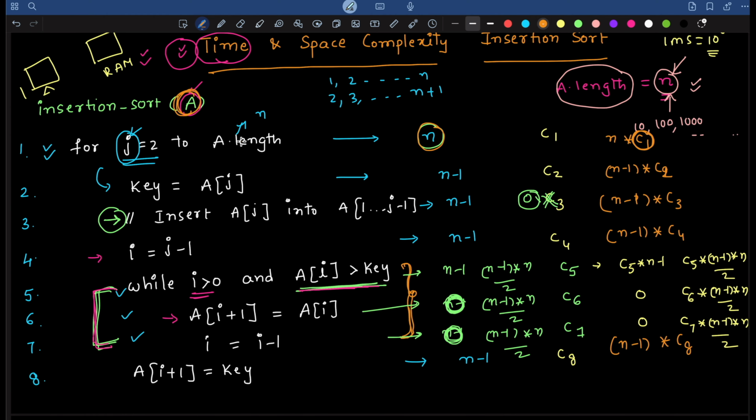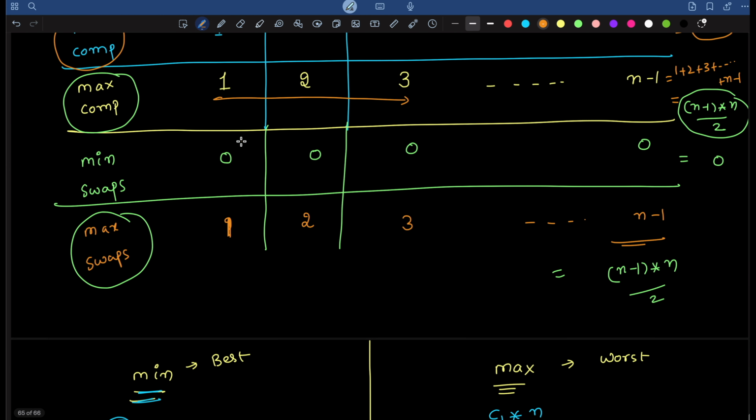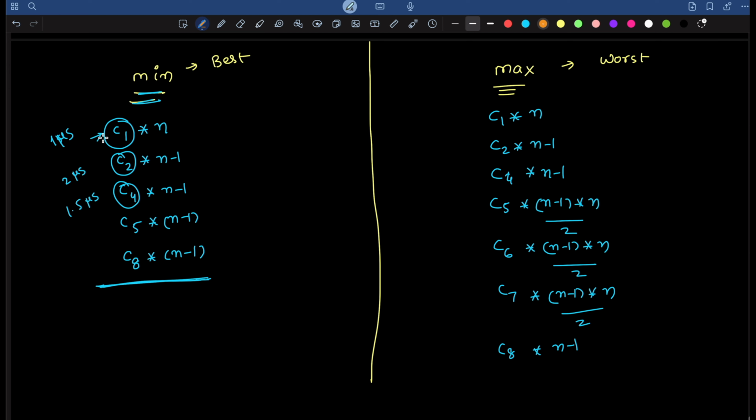Now remember, these constants are independent of my input size. The time required to execute each individual operation like C1, C2, C4, C5, C8 does not depend on the size of the array. So I would say that it is independent of my value of n.